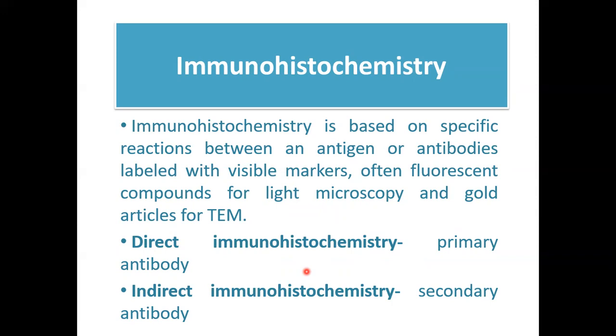In indirect, the primary antibody will bind the antigen of interest, but this binding will be detected through the use of a secondary antibody. So it's the secondary antibody that has the label. Indirect immunohistochemistry gives a more sensitive test compared to direct, because the result is amplified.